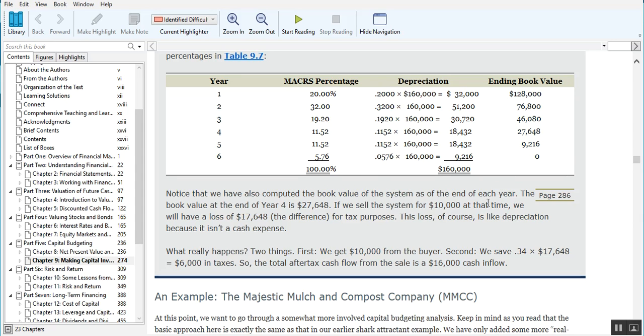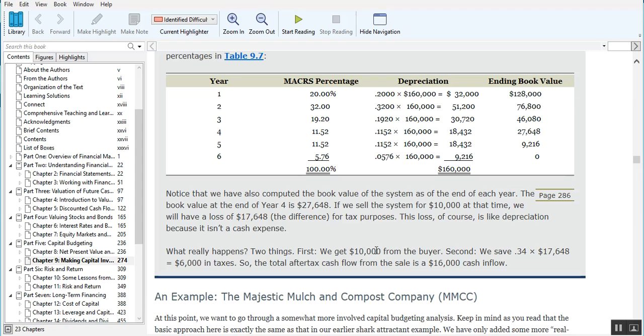They sell it for $10,000 at that time, so they have a loss of $17,648 for tax purposes. The loss is depreciation, because it's not a cash expense, but what that means is we didn't depreciate this quickly enough; it lost value more quickly than we anticipated.